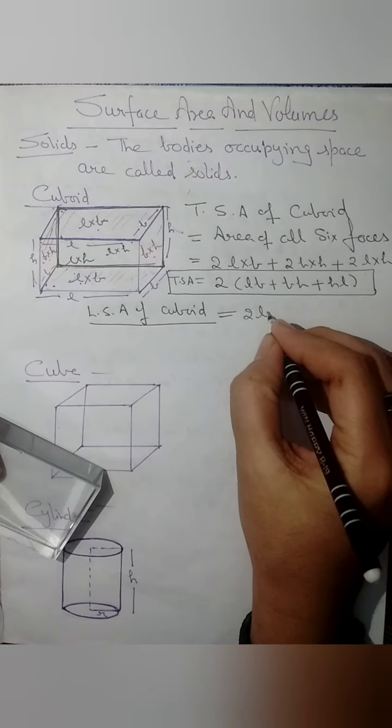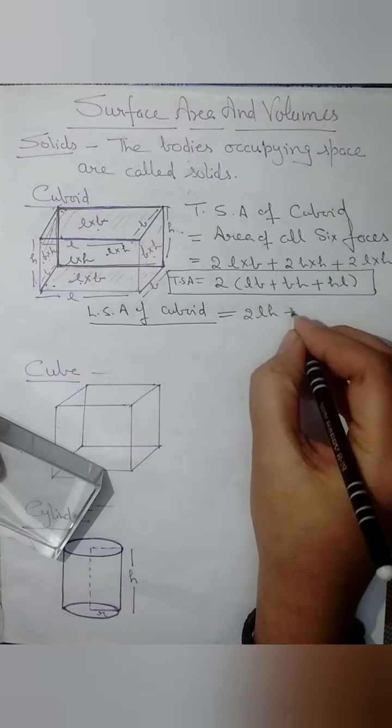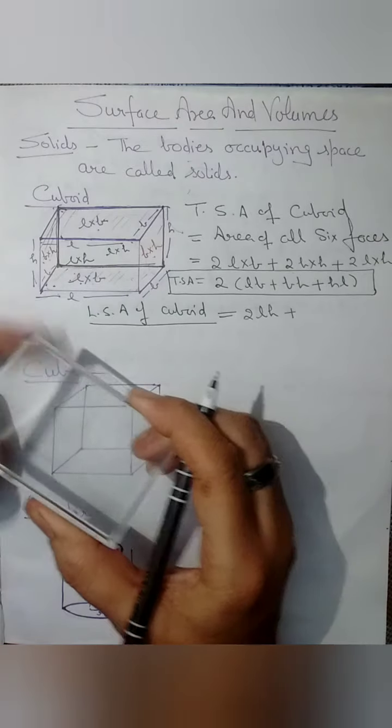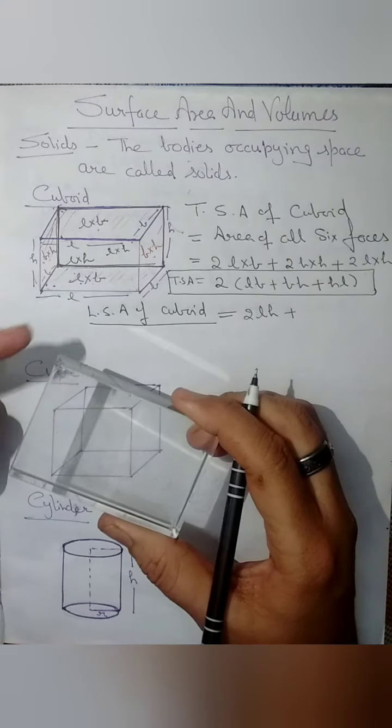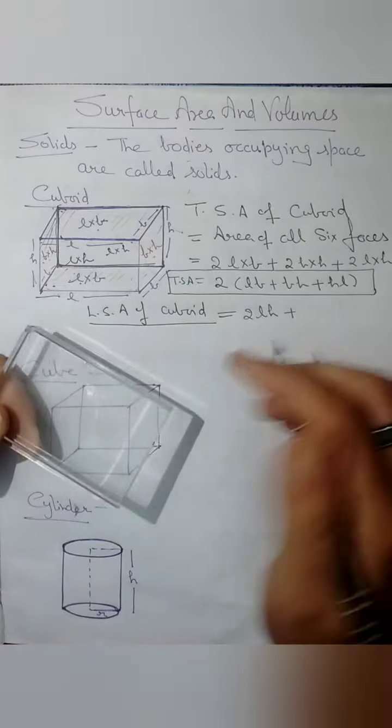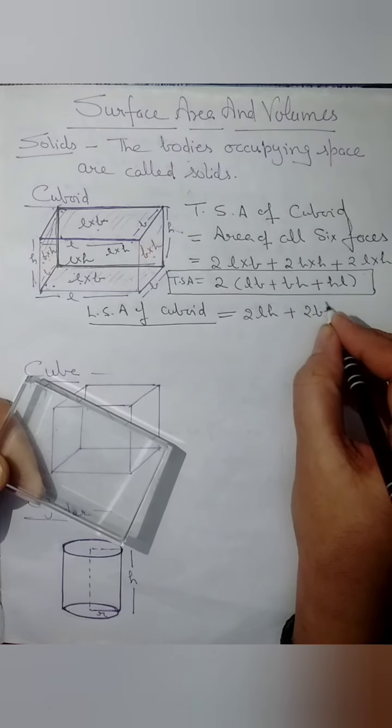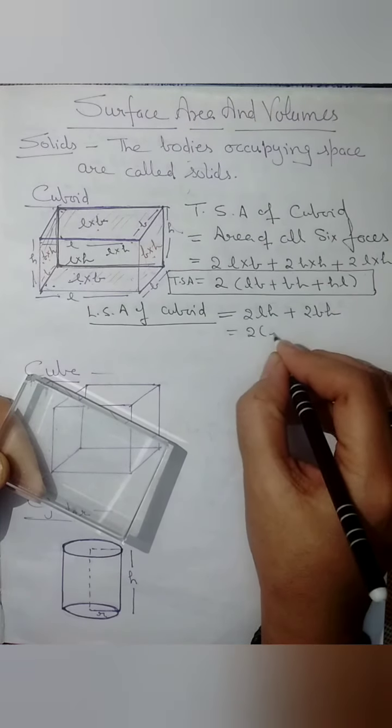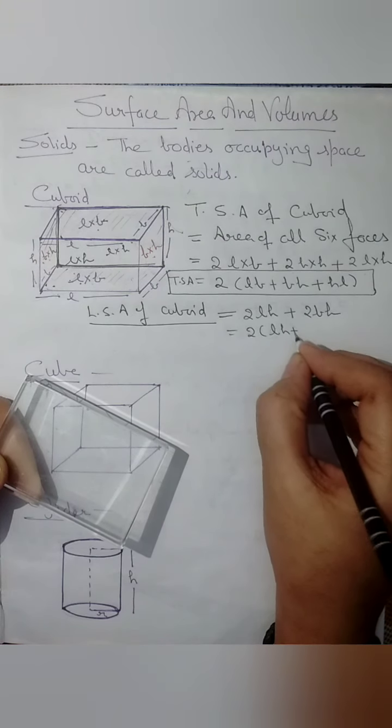How many times L multiplied by H? Twice. Twice L multiplied by H, plus we'll check these two faces. What about this? This one is B, this is H, so B multiplied by H. We can take out 2, so this will be 2 times LH plus BH.